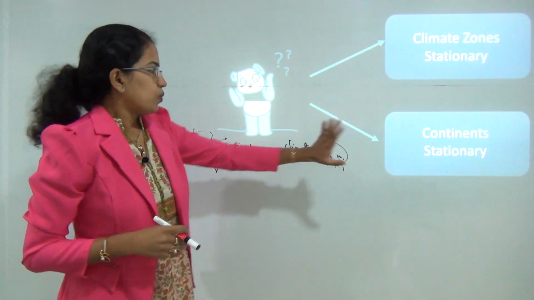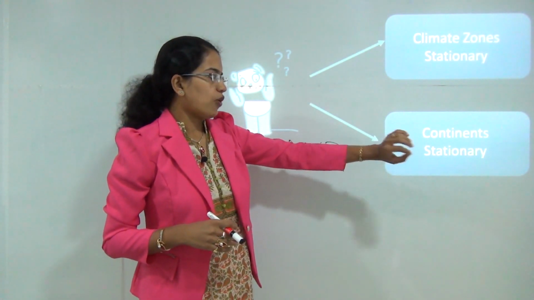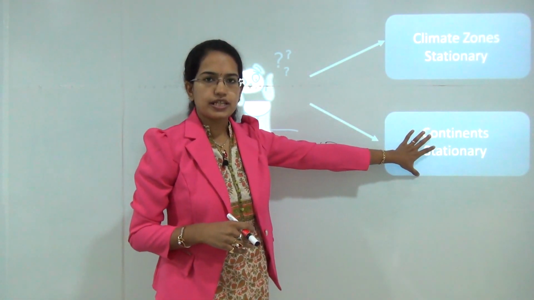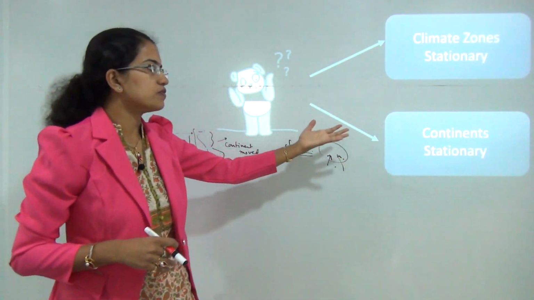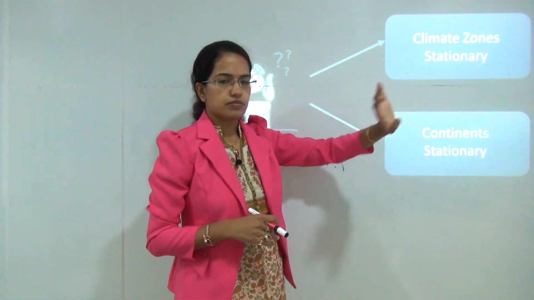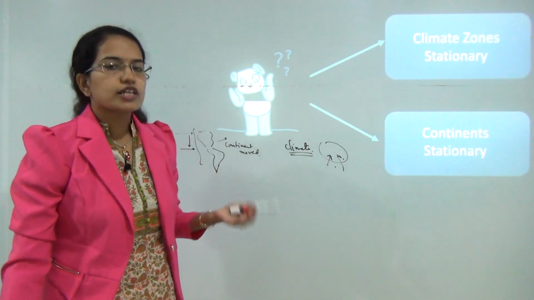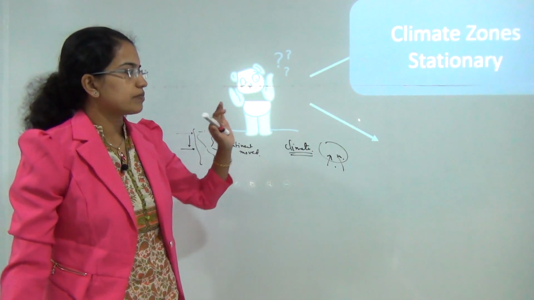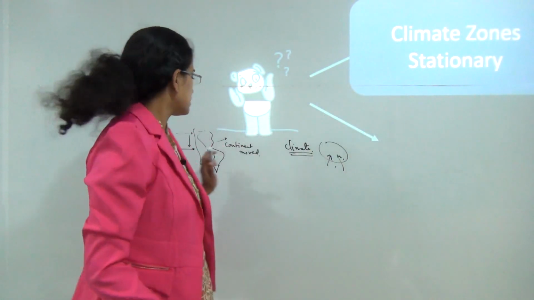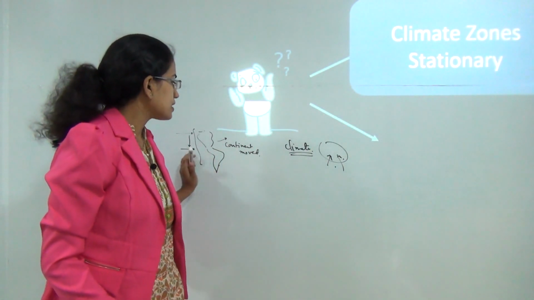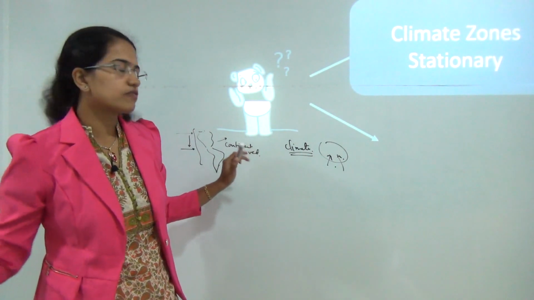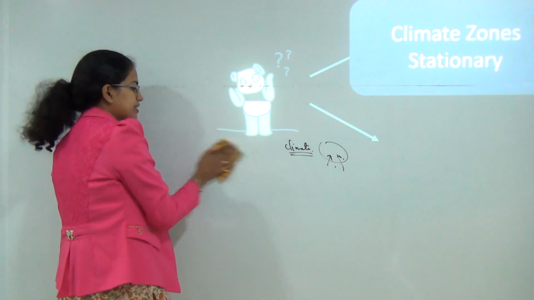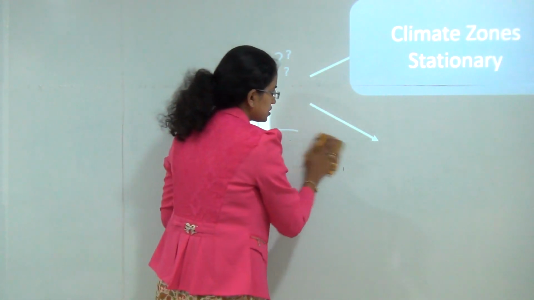Some of the followers believed that continents remained stationary, the other followers believed the climate zones remained stationary. What Wegener believed was that climate zones remain stationary while the continents move, and this was one of the explanations that led to the development of this theory.